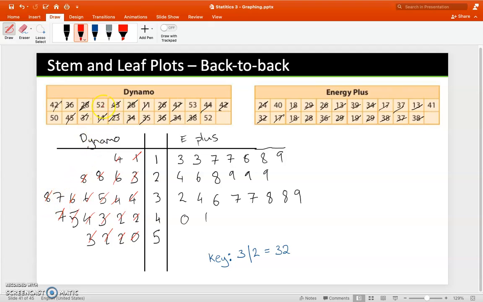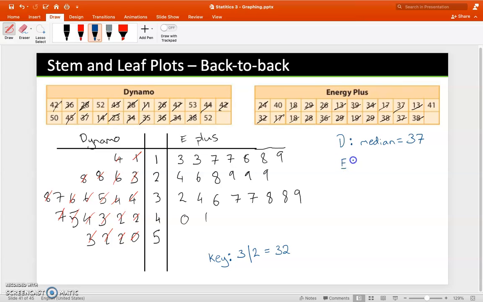Luckily, I love it when this happens, we've got just one number there. So D for Dynamo, its median is equal to 37. The number in the middle of all those numbers is 37.